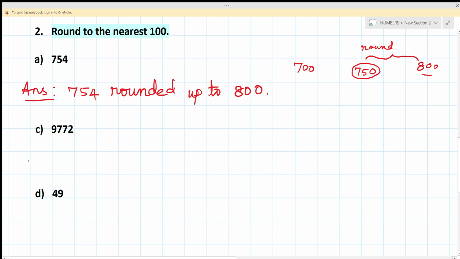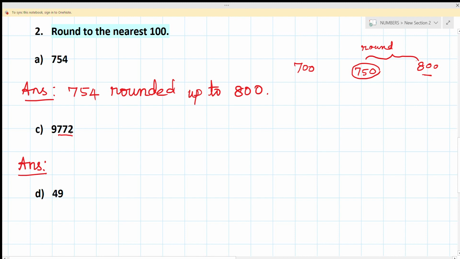Now look at the next number. It is a 4-digit number. As we are going to change to the nearest 100, we will take only the 3 digits. So the digits are 772.